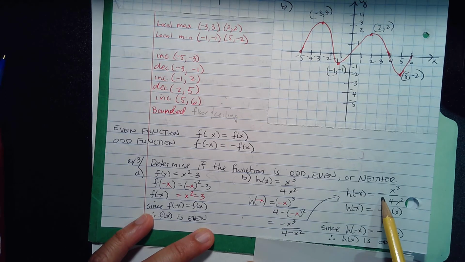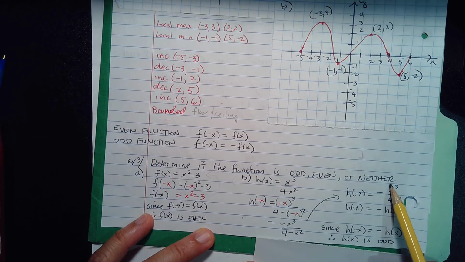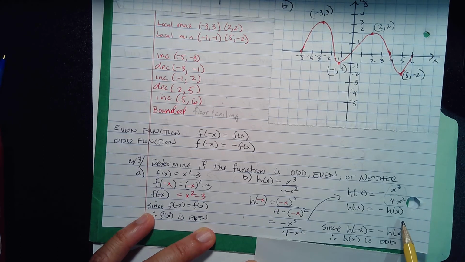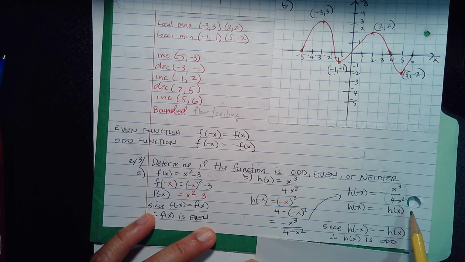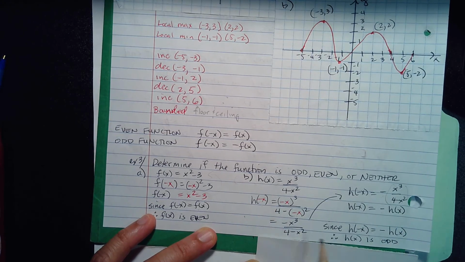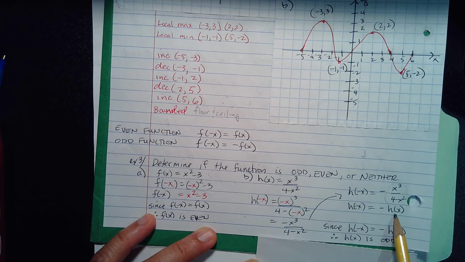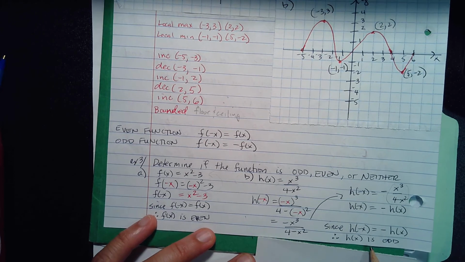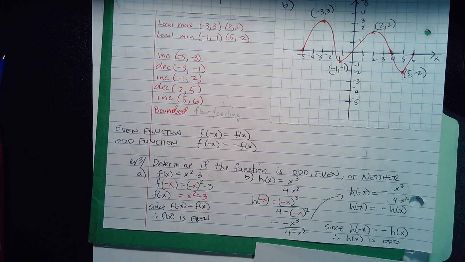So what we have is the exact opposite, because this is the negative of x cubed over 4 minus x squared. So this is the opposite of the original function. If you have the exact opposite, you have an odd function. Okay, that's it. Thank you.